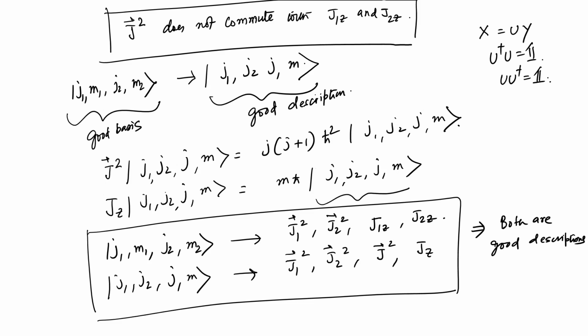So, we should have a unitary transformation connecting the two descriptions of the system. If there are two distinct descriptions that are possible, they should be connected by a unitary transformation, and this unitary transformation takes us to what we know as the Clebsch-Gordan coefficients.